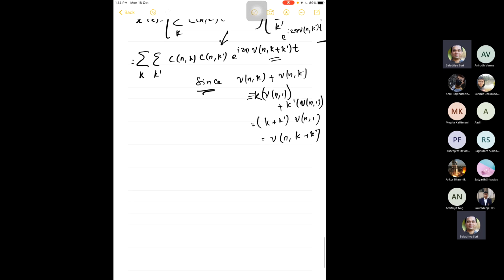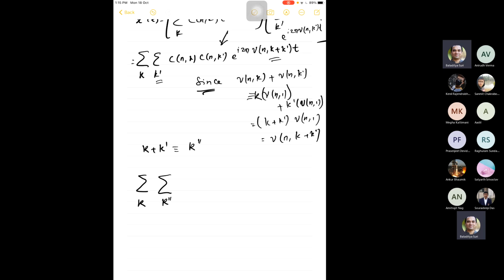Now what we can do is define k plus k prime equal to some k double prime. Then I have k, and instead of k prime, I can write this as k double prime.